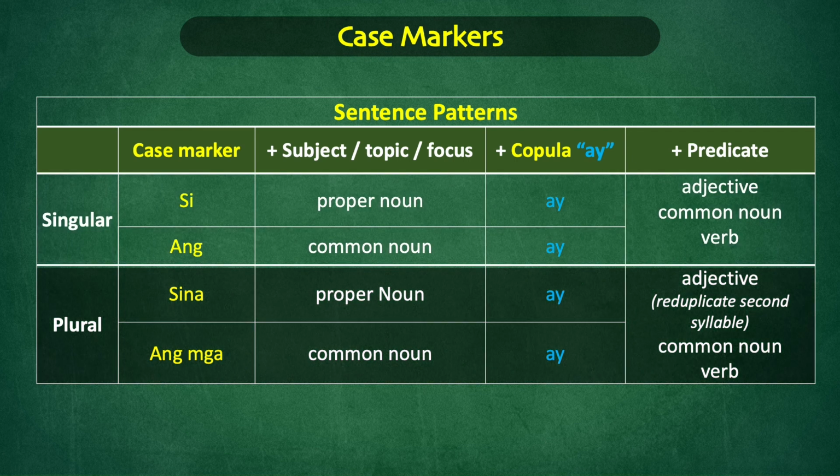For plural form, it is sina plus proper noun plus ay plus the predicate. If it is an adjective, you reduplicate the second syllable. And then, ang mga plus common noun plus ay plus the predicate. Again, if it is an adjective, you reduplicate the second syllable.